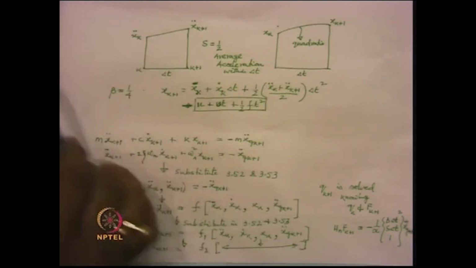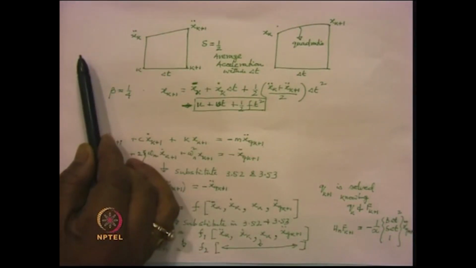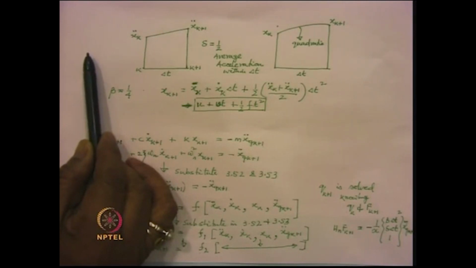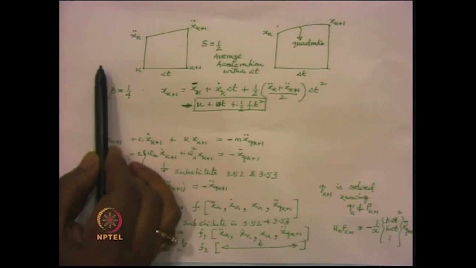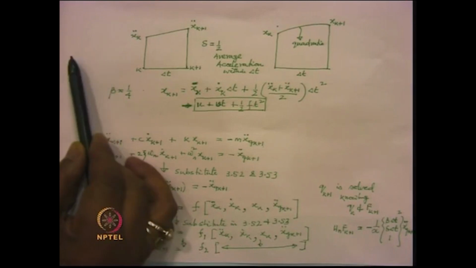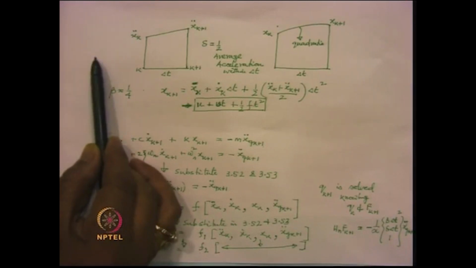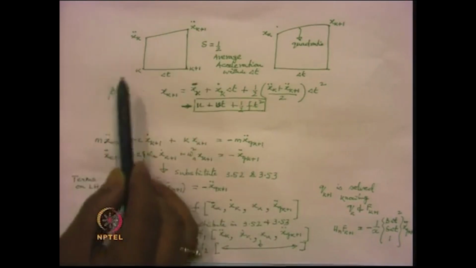So, we start with time t equal to 0, where the displacement, velocity and acceleration are specified, and we solve for the next time step using those values, and in that particular fashion we march ahead.